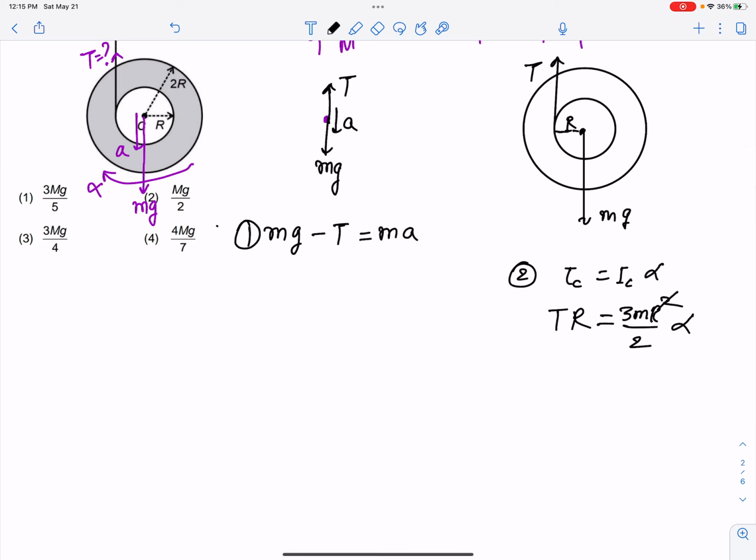So we got tension T equals 3mr alpha over 2.